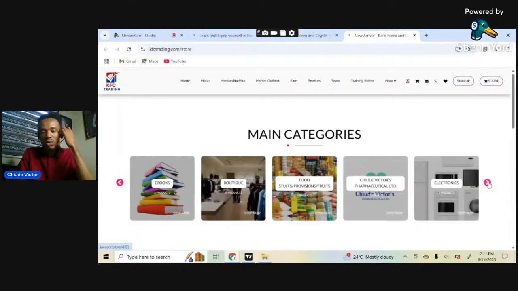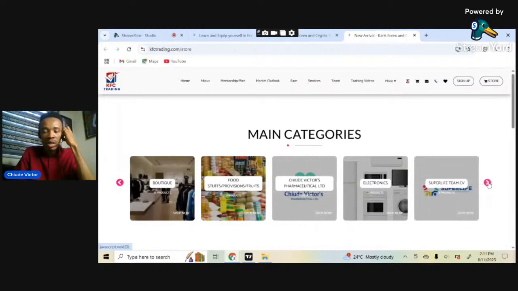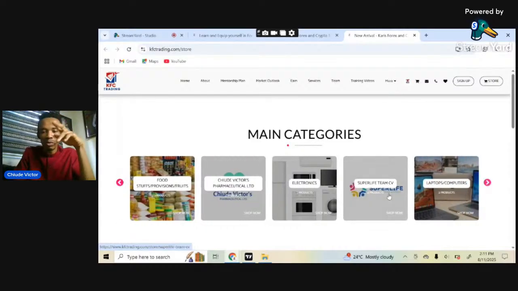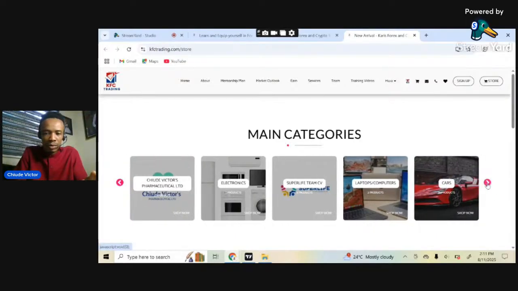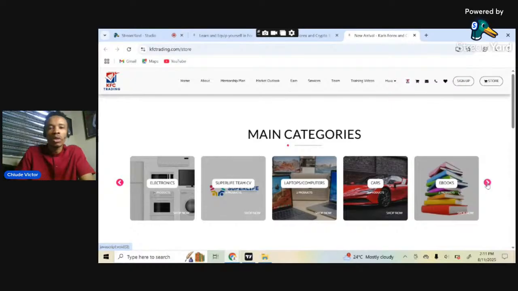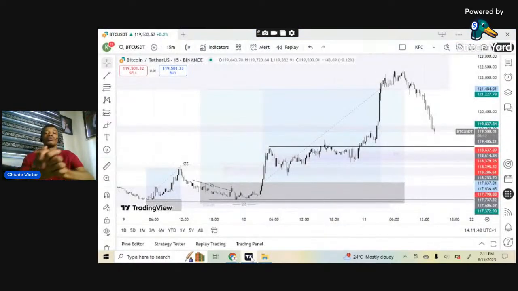We have a pharmaceutical store, my pharmacy. Then we have electronics, and then we have Superlife, which is the major care, where you can get supplements and stem cells. I think that's what we have in the stores. You need to maximize all of these things because they are available for you.